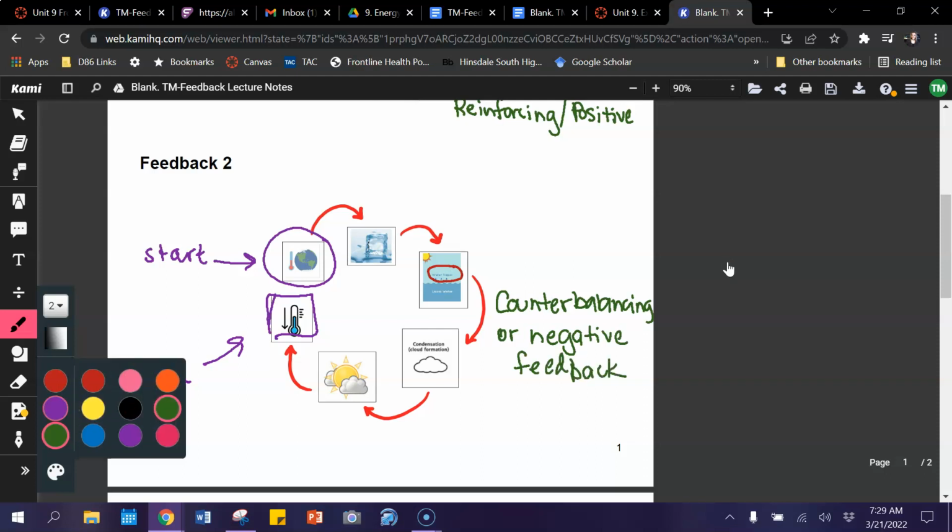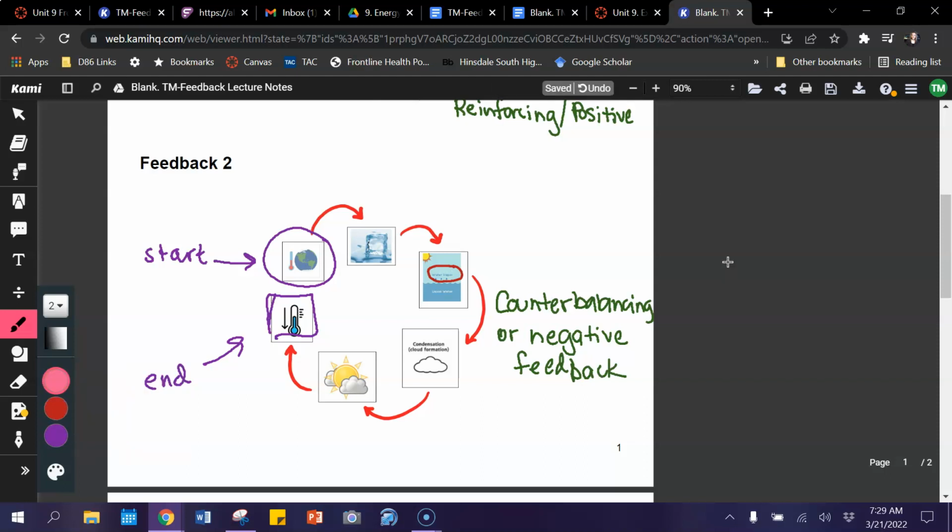And I think that a really important part of this word, counterbalancing, is that that is exactly what negative feedbacks do. They are going to attempt to provide balance, whether it's to the outside environment or to the internal environment of your body, or there are even a lot of different economics examples of negative feedback.